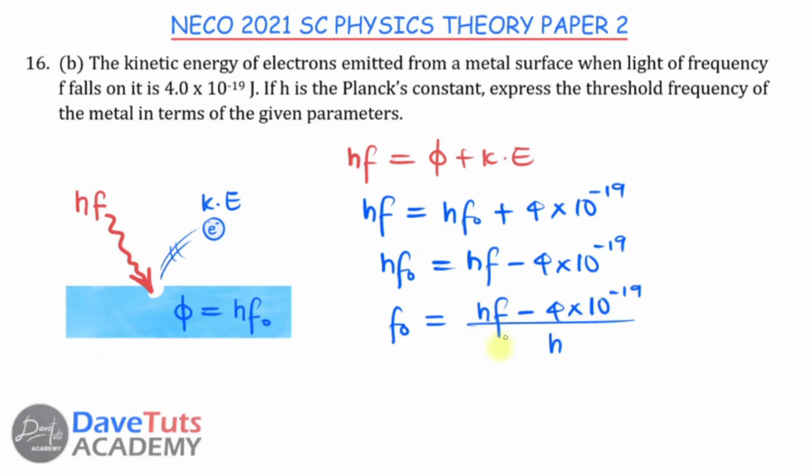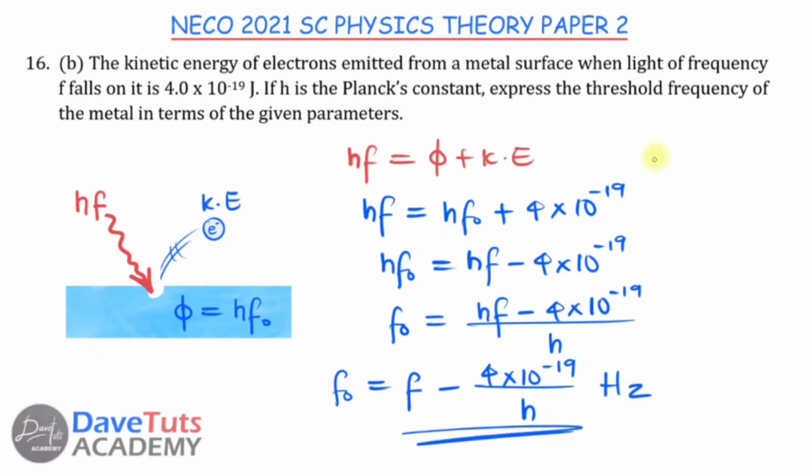If we want to break it into its constituent terms, f naught equals hf over h, which is f, then minus 4 exponent minus 19 divided by h. I just broke this into its 2 terms, hf over h, then 4 exponent minus 19 over h, and the unit is going to be hertz. So this is the expression for the threshold frequency of this metal in terms of the given parameters.